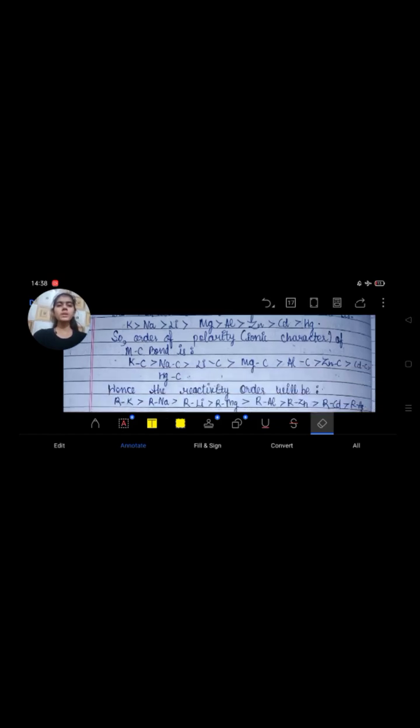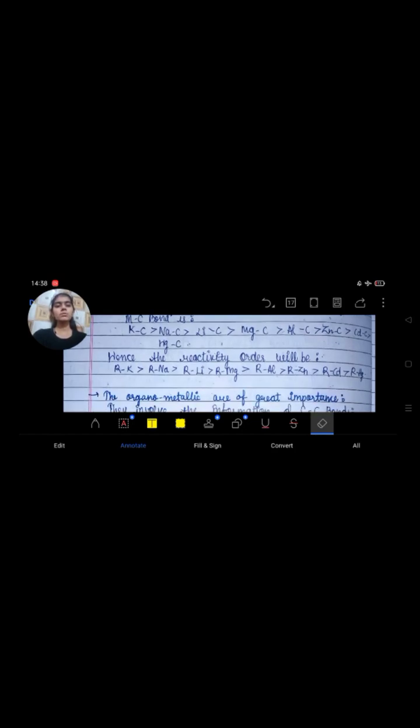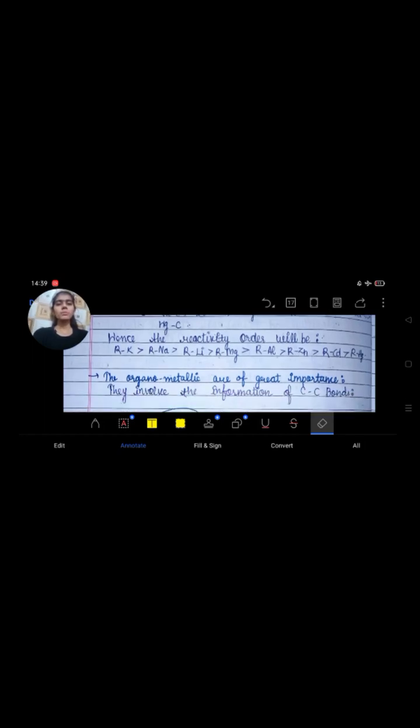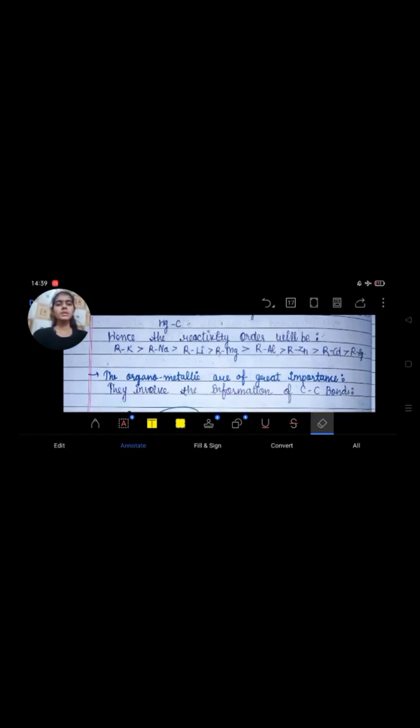So the order of polarity is also such that the potassium-carbon bond is more polar than sodium-carbon, then lithium-carbon, and so on. Hence the reactivity order will also be the same because they are directly proportional to each other. Alkyl potassium is more reactive than alkyl sodium, than alkyl lithium, and so on.